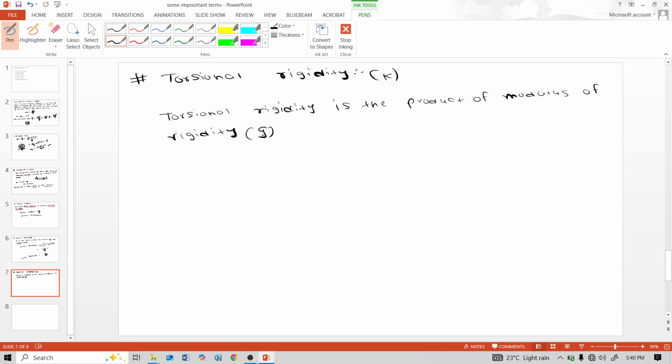Modulus of rigidity is capital G and polar moment of inertia is capital J. And SI unit is Newton meter square.